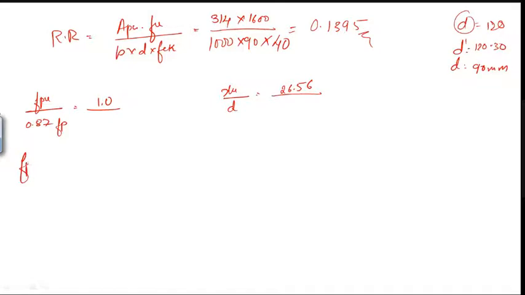Therefore fpu will be 1 into 0.87 into 1600, which equals 1392 Newton per mm square.